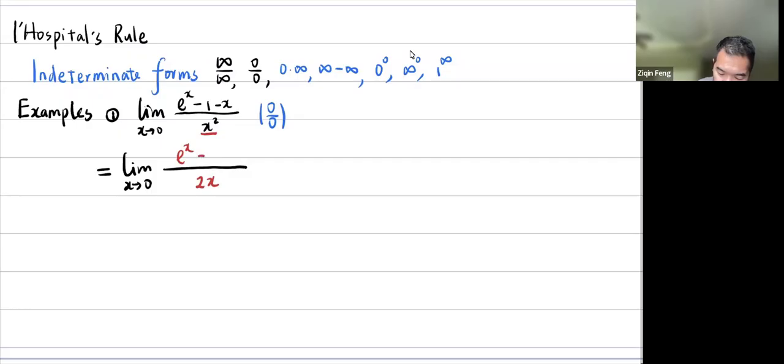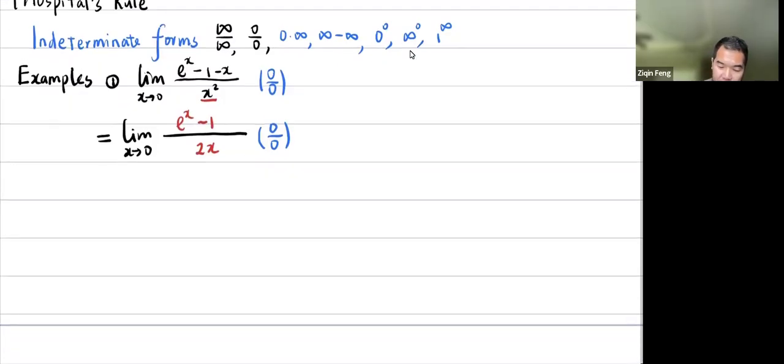Now, if you try to plug in 0 again, the denominator is still 0, and the numerator is e to 0 minus 1, still 0, right? So if such a limit exists, it should equal the limit of the new function obtained by differentiating numerator and denominator separately again.